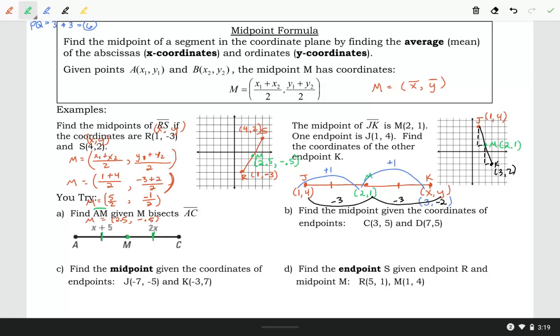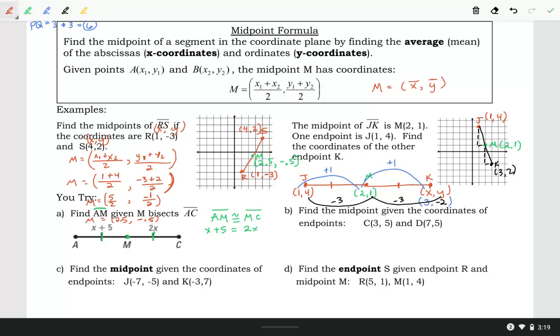We know that AM is congruent to MC, so they're equal in all ways. And AM is X plus 5, and MC is 2X.